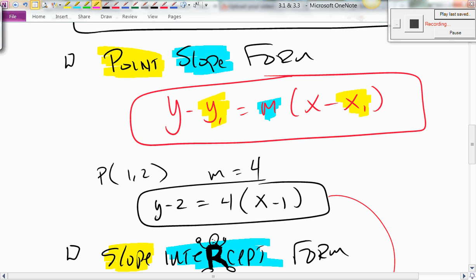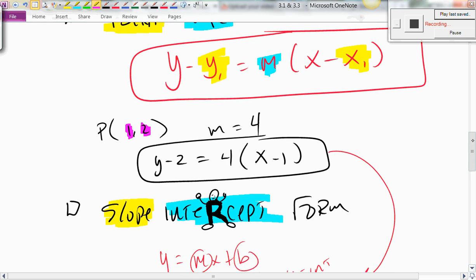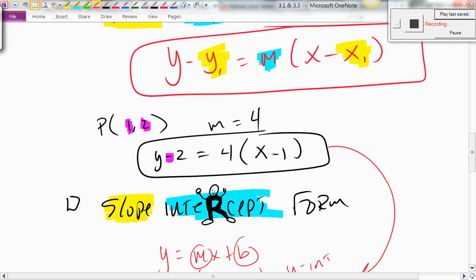And everyone could easily do it quickly. This is the x sub 1, so we plug them in. So y minus 2 equals 4 times x minus 1, and that would be the answer for that one. And we noticed that the signs changed to fit the formula up top here. So we talked about that.